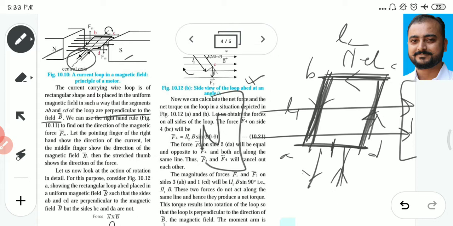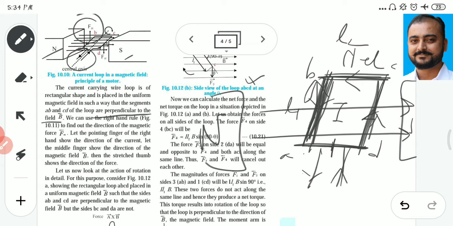Stretch the three fingers of your left hand so that they are mutually perpendicular to each other. FBI: according to that, current I is acting towards your side, the magnetic field is pointing towards the right side. What is the direction of the thumb? The thumb is moving in the upward direction. So as you observe in this diagram, the magnetic force Fm is in the upward direction. Is that clear?